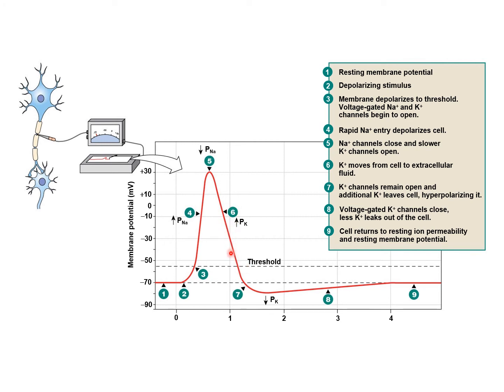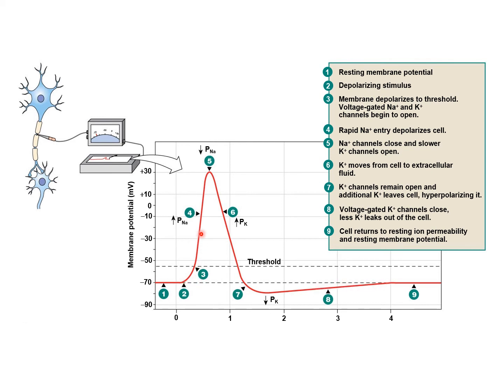And that channel stays open, and we actually shoot past the resting membrane potential. We actually have undershoot here. We're actually in a phase where we are hyperpolarized. Now, when we hit about minus 80 or so, or minus 70 or 75, those channels start closing, and so we bottom out around minus 80. And the sodium-potassium ATPase is doing its thing, so it's pumping potassium into the cell and sodium out, and we recover.